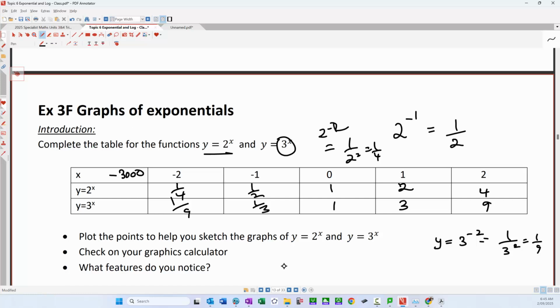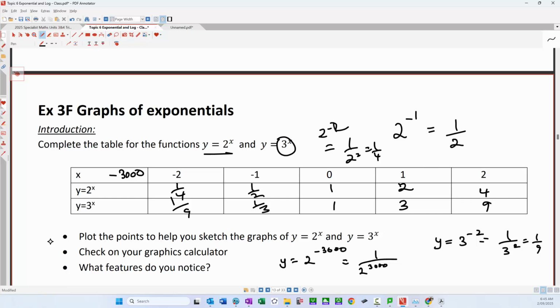Well, that's going to be y equals 2 to the negative 3,000, which is y equals 1 over 2 to the 3,000, which is a massive number put into 1, which will go very, very few times. In fact, 0.0000. The smaller this gets, the less times this will go in here, the closer and closer it's going to get to 0.